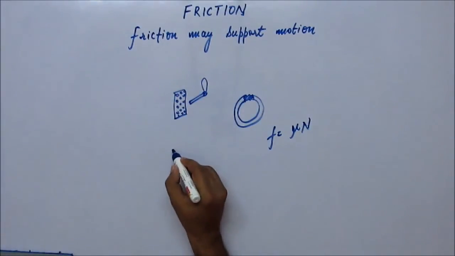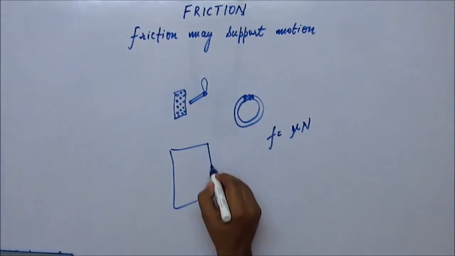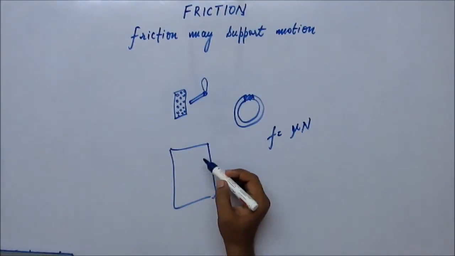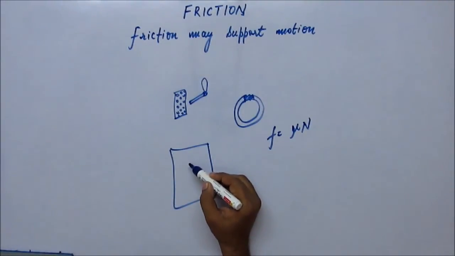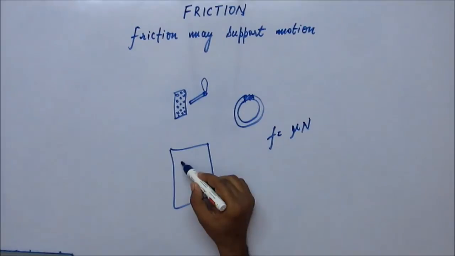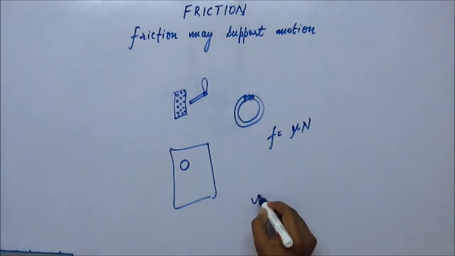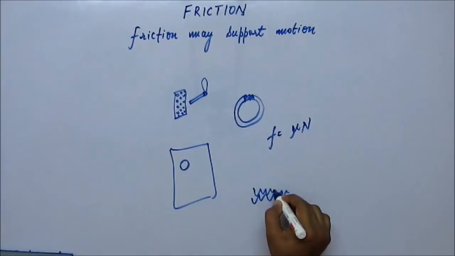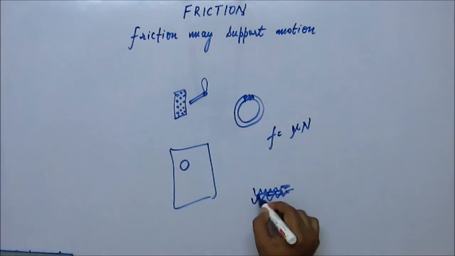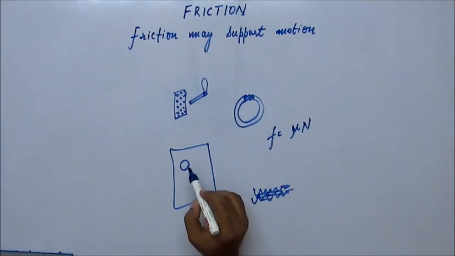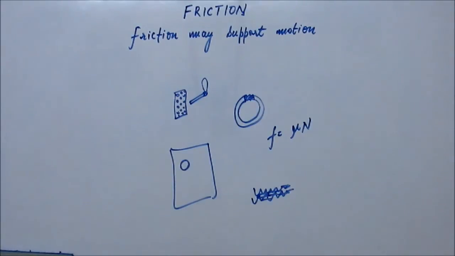Similarly, when you are writing on a piece of paper with a pencil, you are able to write because the graphite from your pencil lead comes onto the paper and leaves an impression, and in whatever direction you move your pencil, you are able to write. Remember the peaks that we discussed, they break when friction is acting, and certain mass is left on the paper, and that's how we are able to write.